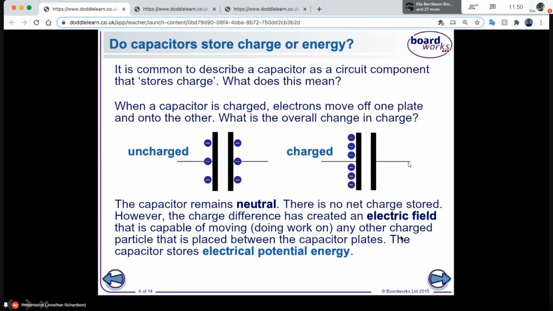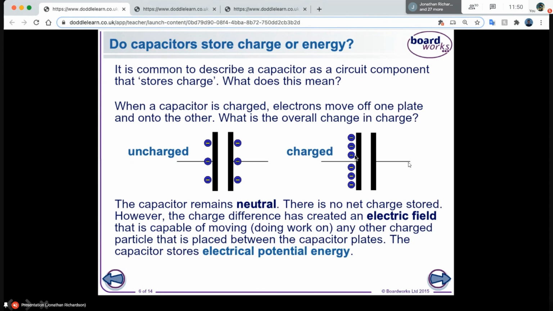So if we go back to one of our much earlier slides when we were talking about energy and power, this is a different type of potential energy to gravitational potential energy. But it's the same thing. It's the movement, it's the position of the electrons which cause them to have energy.